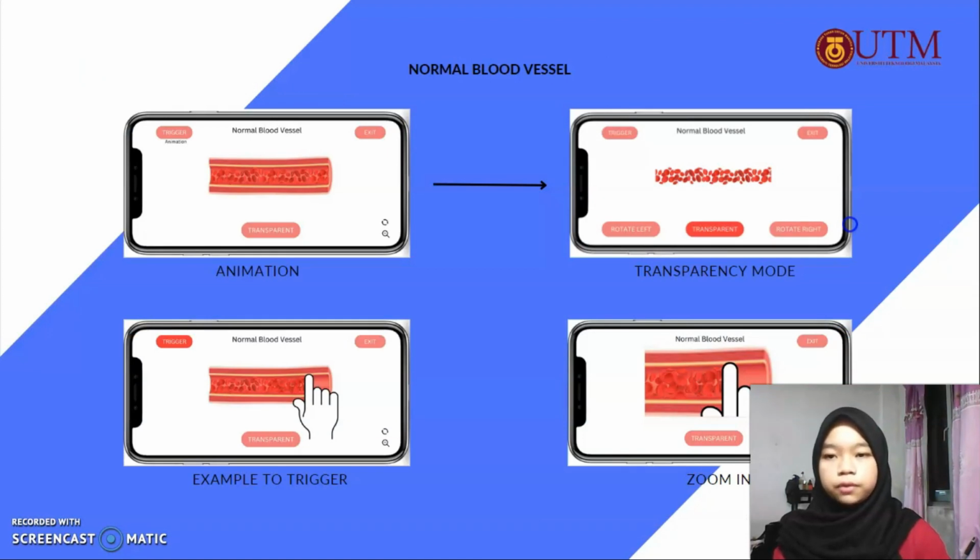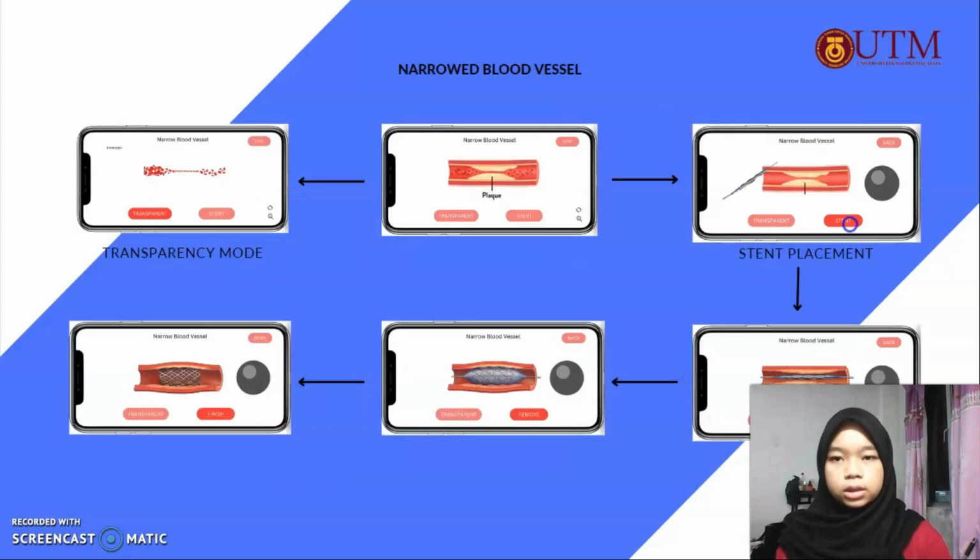And this is the example when the animation occurs: transparency mode, example to trigger, and the zoom in. And this is for the narrow blood vessel. The first one is for animation and transparency mode. And this one is if you want to do the stent placement. So this is the expected GUI.